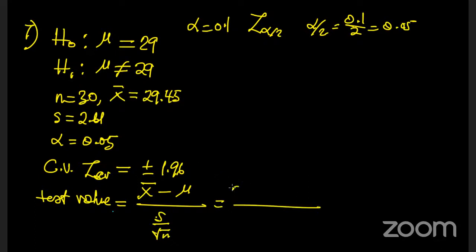Here is 29.45 minus 29, and S is 2.61 divided by the square root of n. Our sample is 30. You can try this. You should get 0.944 if properly done.